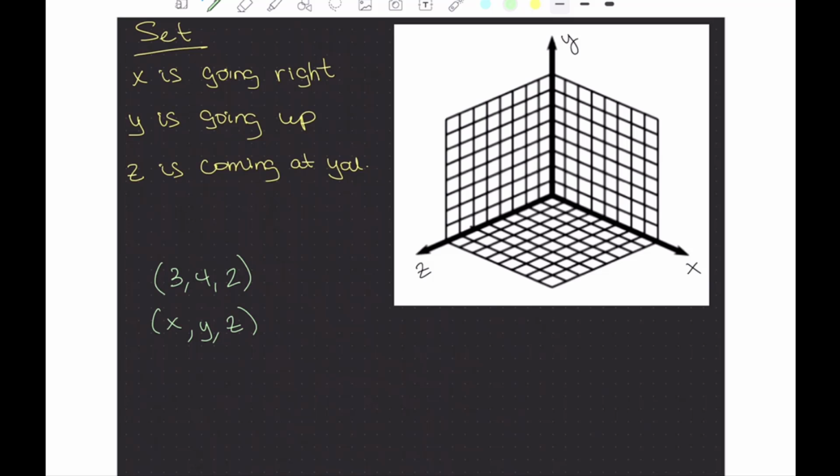So start with your x. You're going to go over 3. Sometimes even your little pencil tip helps a little bit. So I'm over 3, 1, 2, 3, and then my y is up 4, so 1, 2, 3, 4.